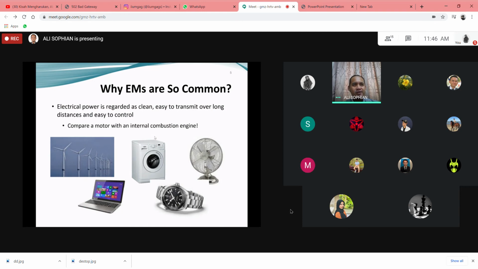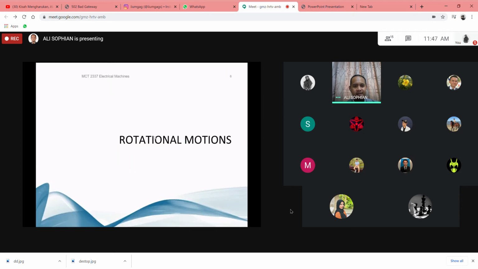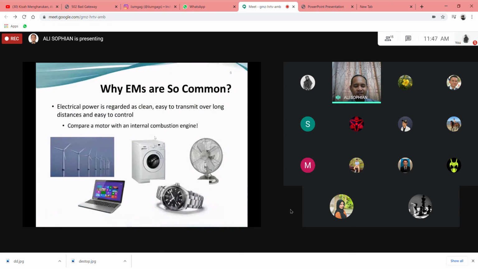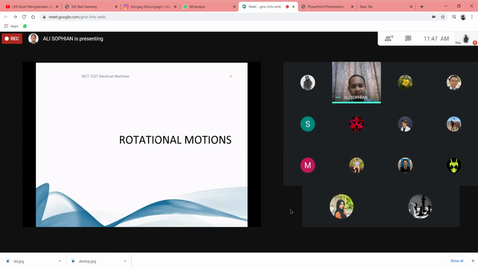For areas that are populated by more people, we can reduce significantly the amount of emission in that area. That's the benefit of using electrical machines. In addition, the efficiency is also higher. Combustion engines have efficiency of only about 40%, while electrical machines can get above 90%.